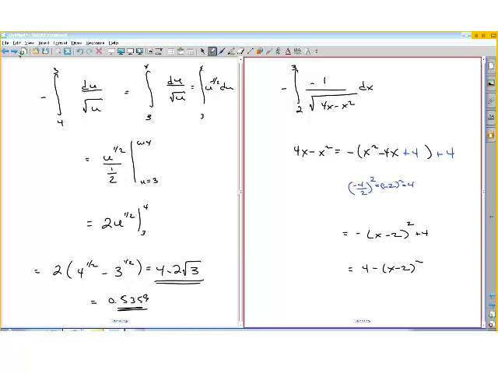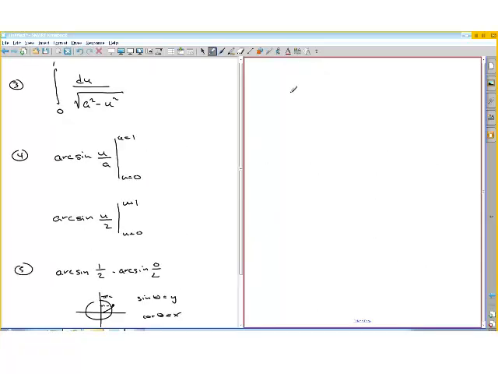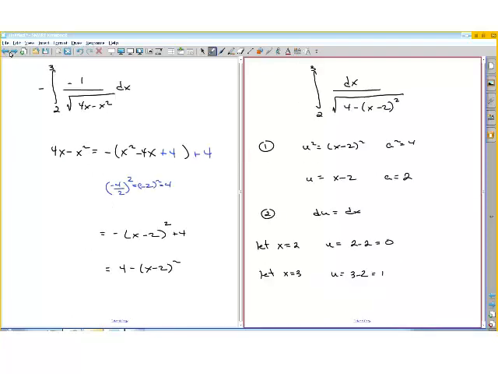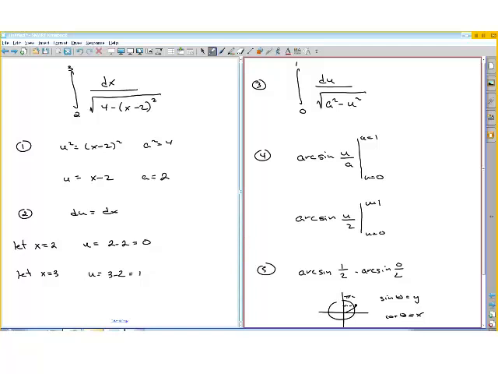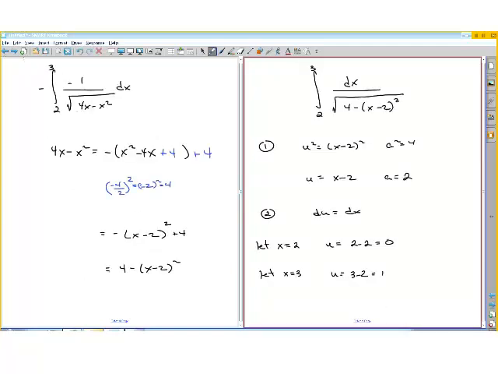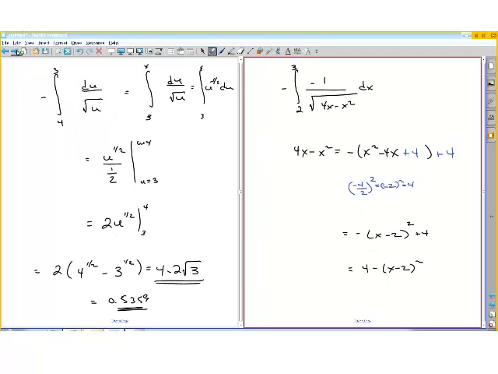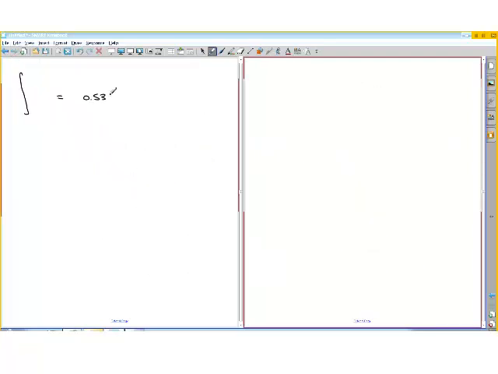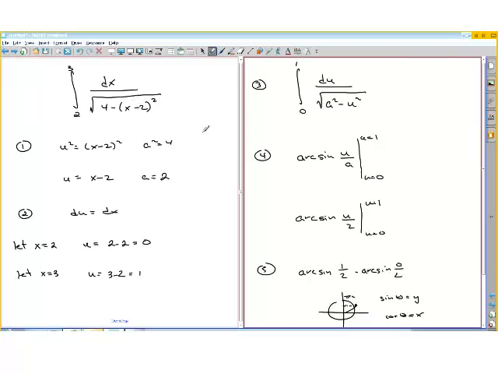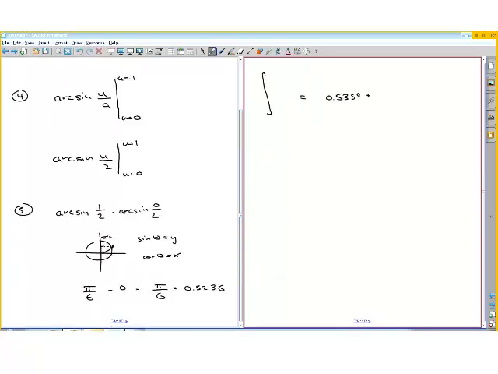So the first part was 0.5359. So the total integral that we started with, I'm not going to rewrite it, is 0.5359, way back here, plus the second bit, which we just calculated, was 0.5236.